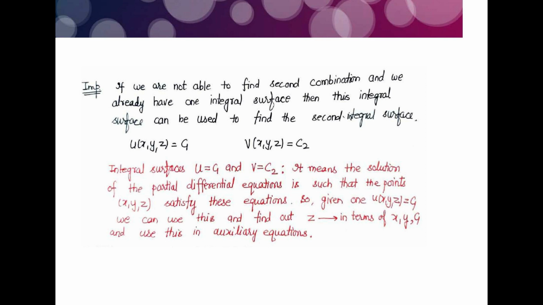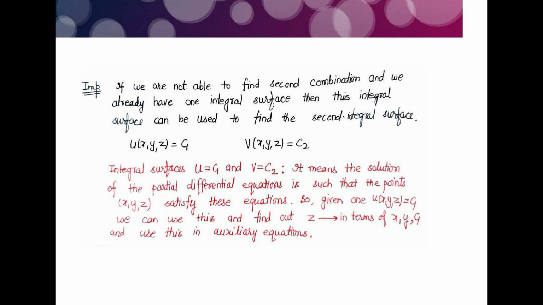So we can use this relation. Whatever the general solution of the partial differential equation is, those variables x, y, z are going to satisfy this equation u equal to c1. So we use this surface u of xyz equal to c1 and find one of the variables. Say I am finding z in terms of x, y and c1.